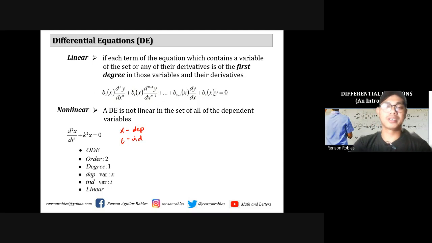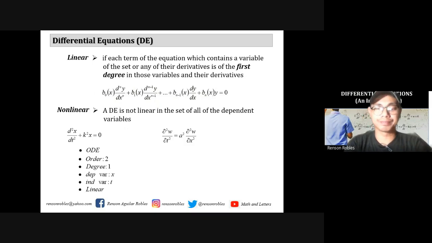And one more. The partial derivative of w with respect to t is equal to a squared times the second partial derivative of w with respect to x. Characterizing this differential equation, we can say that there is a presence of partial derivative.